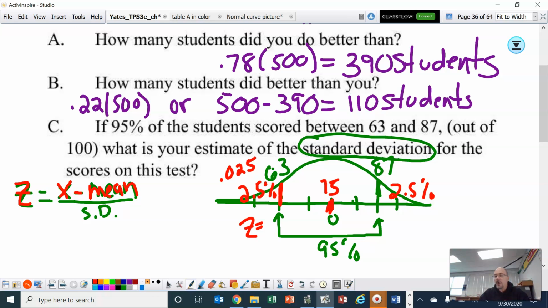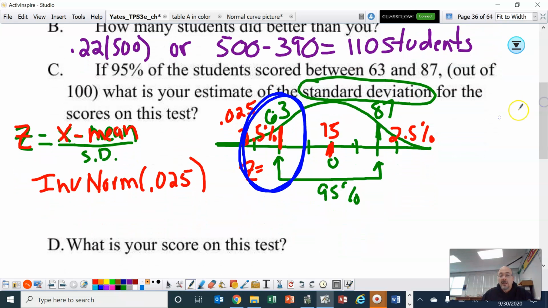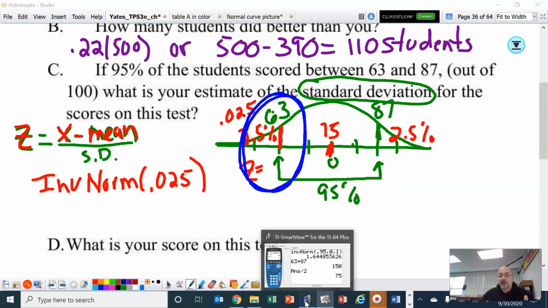Now we don't necessarily need to use that, but let's use it. We're going to take the inverse norm of the 0.025. I'm going to use this piece of information to find my standard deviation. Again, rewind if you need to and listen to that again. All right, so I'm going to go ahead and put this into the calculator now. Here we go.